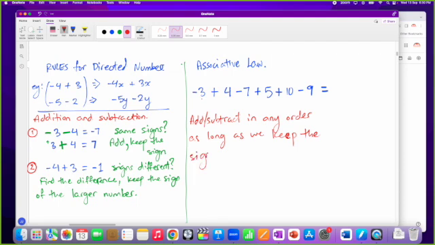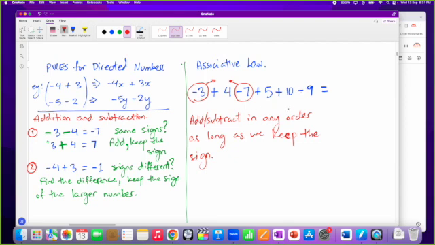Keep the sign. So for example, right, I could see here that, all right, negative 3 minus 7. The signs are the same. So that means that I could add these. I could add any numbers I want. I don't have to add in an order.